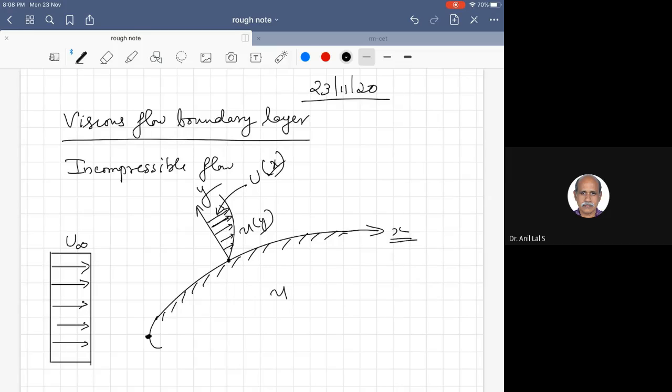So the fluid velocity will attain the potential flow velocity only at a certain distance normal to the solid surface. Within that layer, the velocity varies, and that layer is called the boundary layer.